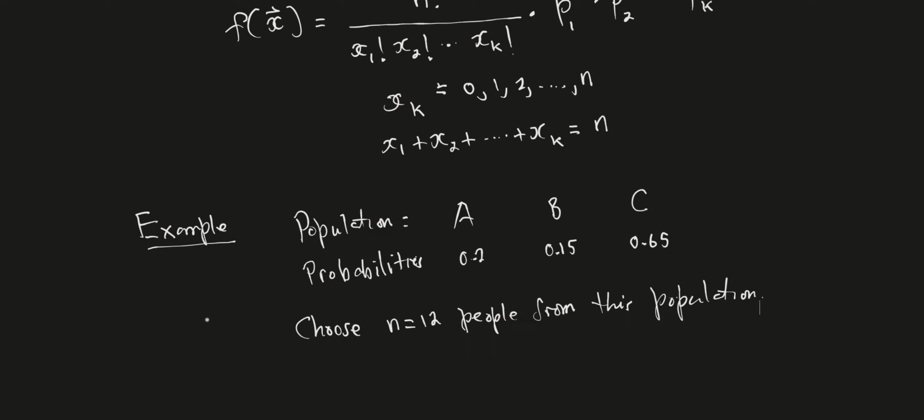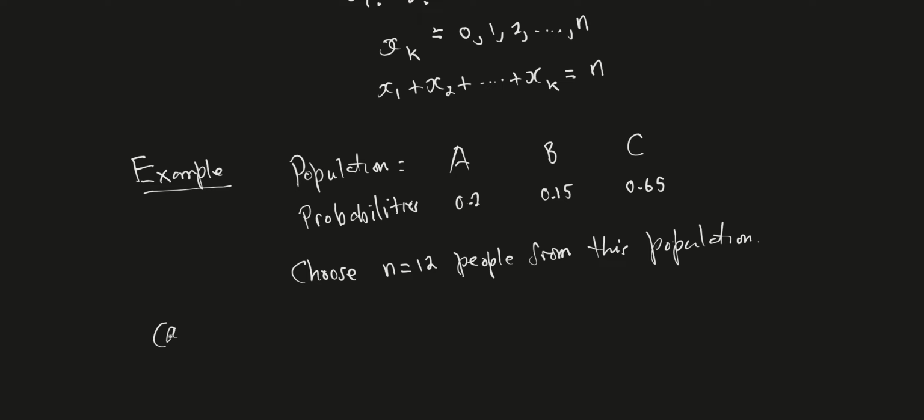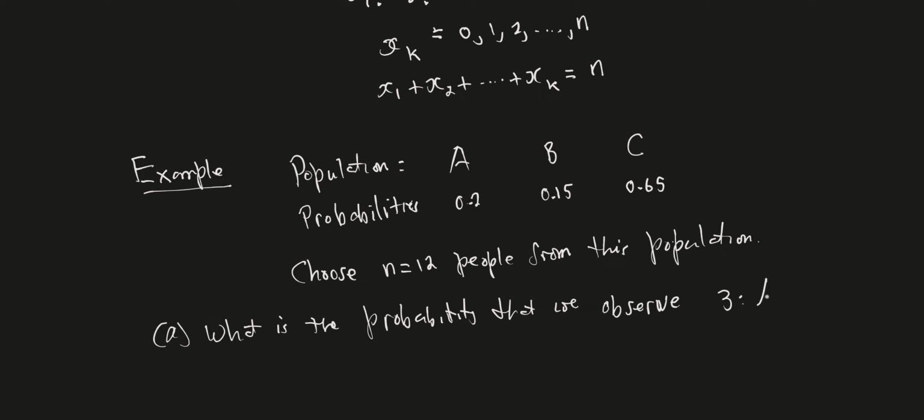So part A is this: what is the probability that we observe, or our trial yields, let's say 3 from category A, 2 from category B, and then 7 from category C, right?